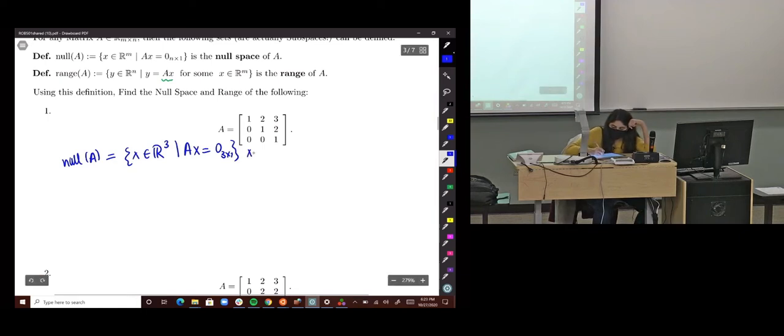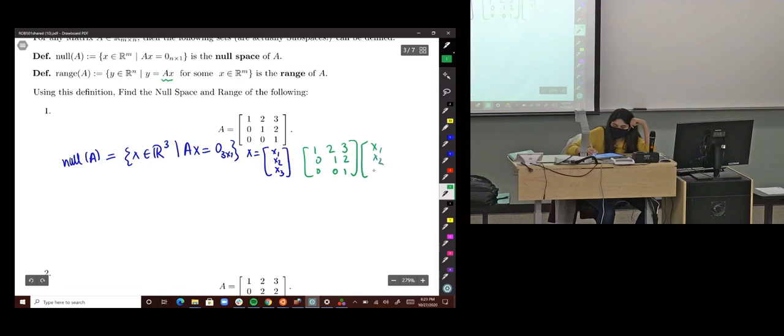So I'm going to assume my x is some x1, x2, x3, and then A times x becomes the rows 1, 2, 3, then 0, 1, 2, then 0, 0, 1, times x1, x2, x3, and I put that equal to the 0 vector, which gives me 3 equations and 3 unknowns.